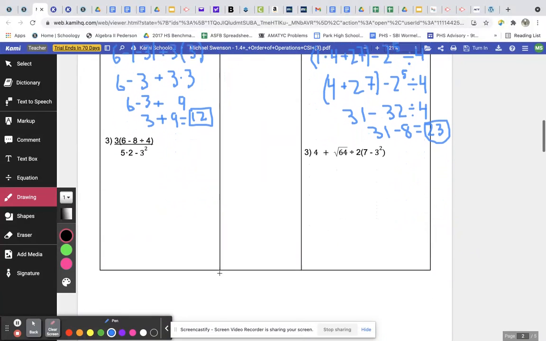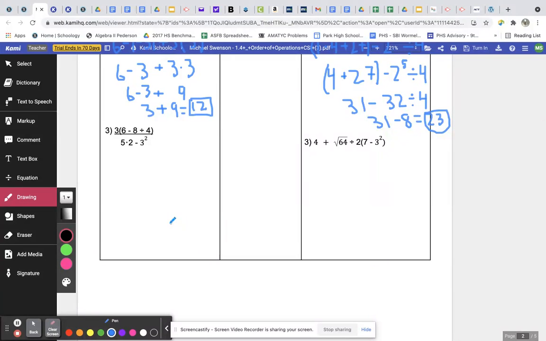Our next one right here, and our final one is going to be this one right here where we're dividing. We've got a fraction, a big old fraction. Let's do each part separately. Let's do the numerator first and the denominator second. Okay. So in the numerator, we're going to do the parentheses first. And inside this parentheses, we've got a subtraction and a division. We are going to do the division before we do the subtraction. 8 divided by 4, excuse me, I'm going to erase that.